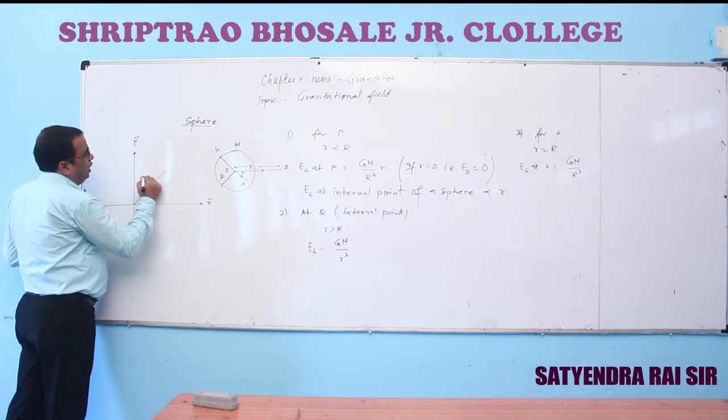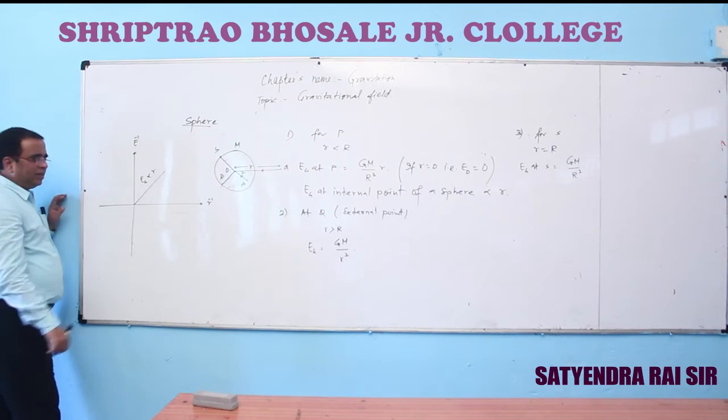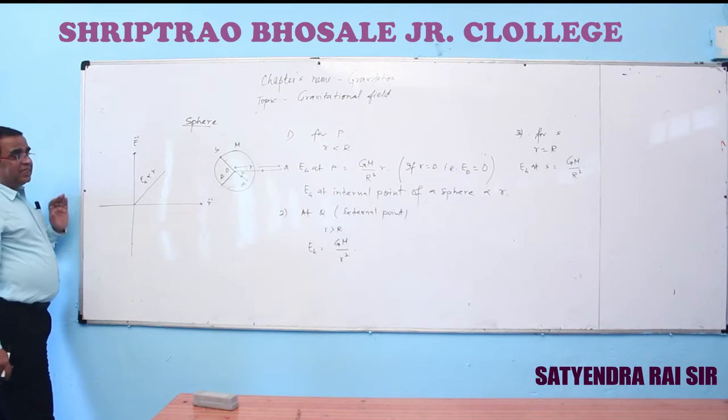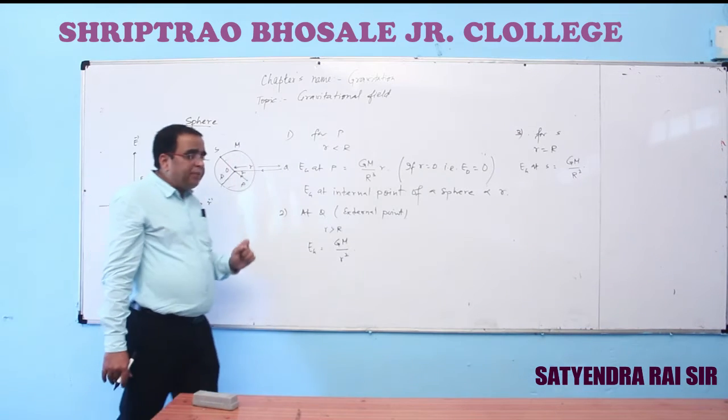Up to what distance does it vary linearly? Until you reach the surface of the sphere.